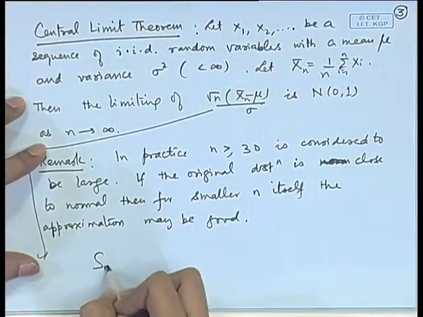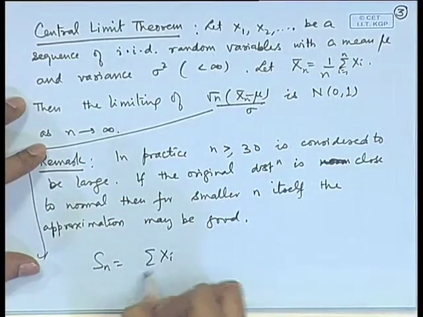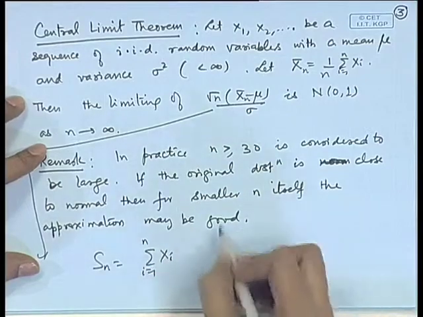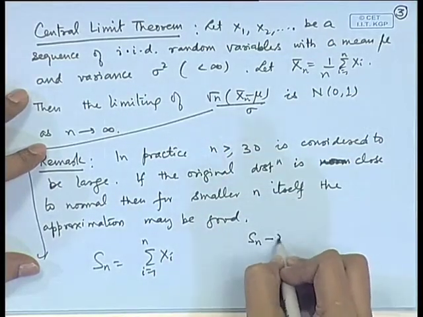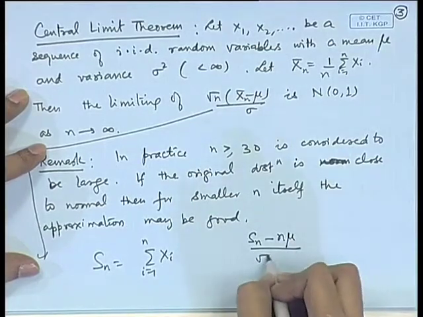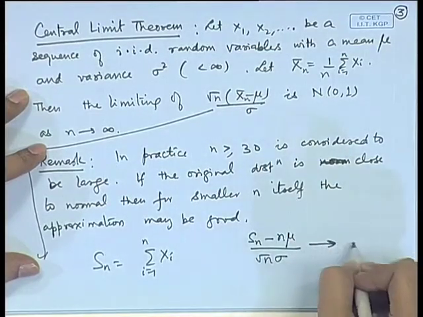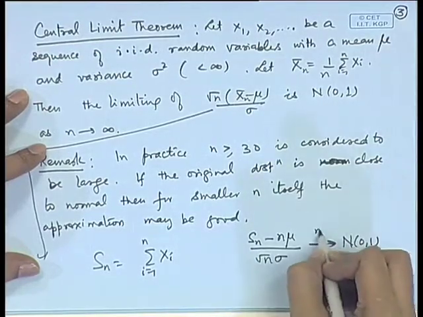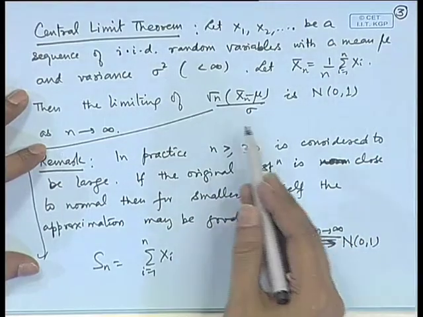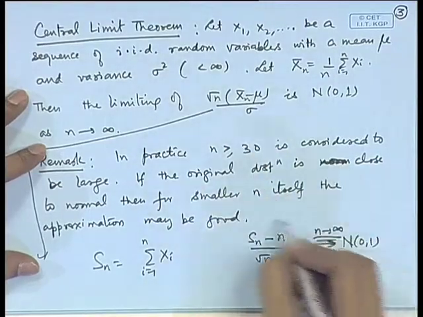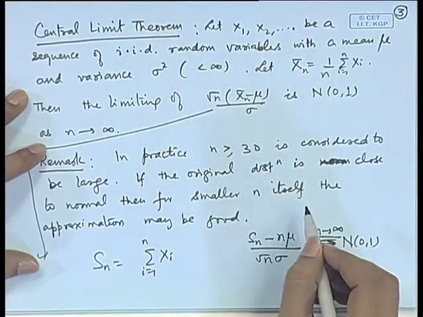Suppose I define S n equal to the sum of x i, i equal to 1 to n. Then an equivalent form is that (S n minus n mu) by root n sigma converges to a standard normal random variable as n tends to infinity. So the binomial approximation to the normal is actually a special case of the central limit theorem.